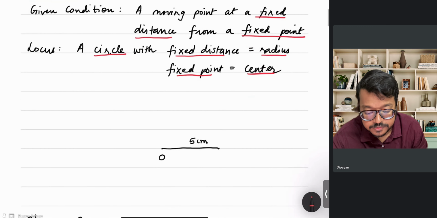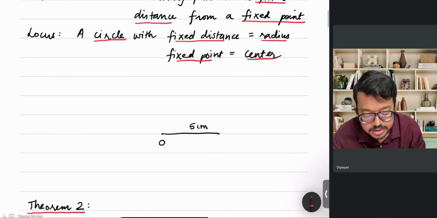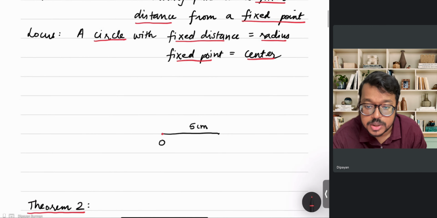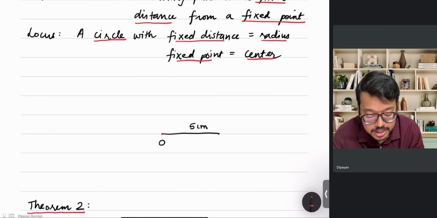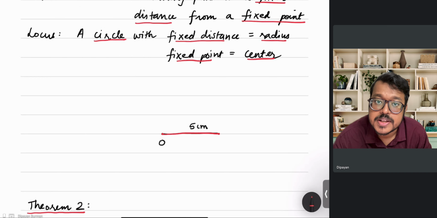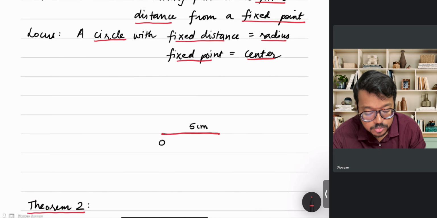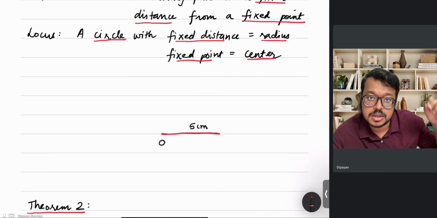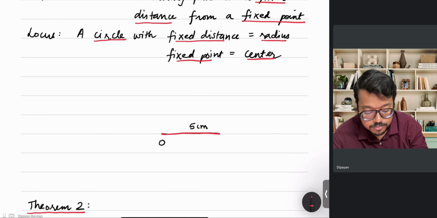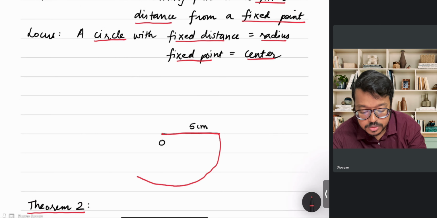So let's look at this figure. Imagine that O is the fixed point given, and we have a length of 5 centimeter, and that is my fixed distance. If I try to move 5 centimeter away from point O, I will be able to move exactly in the shape of a circle.